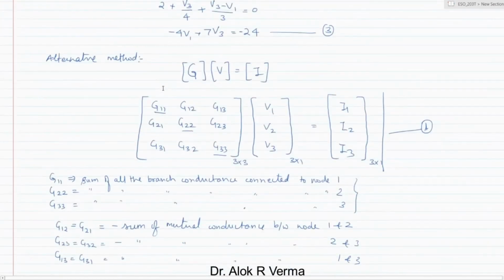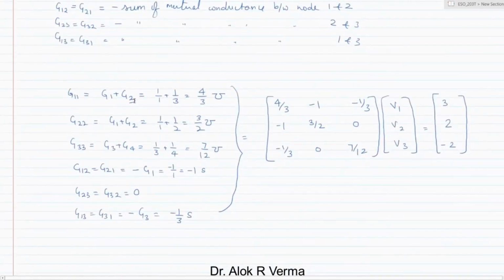So this is why it is reflected here as minus 2. So this is nothing but GV equals I. So we can directly write this matrix and solve the circuit. So this is all about the node analysis.